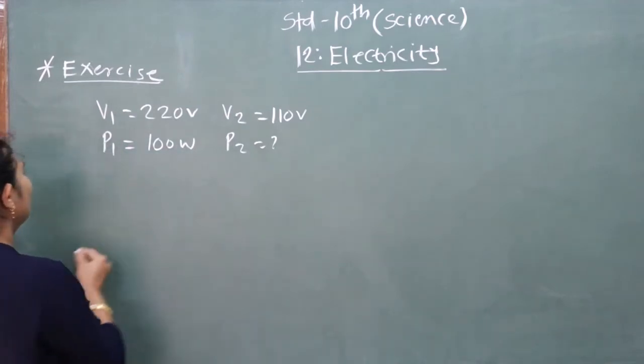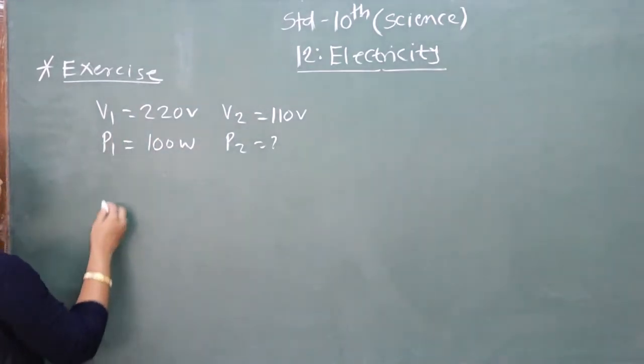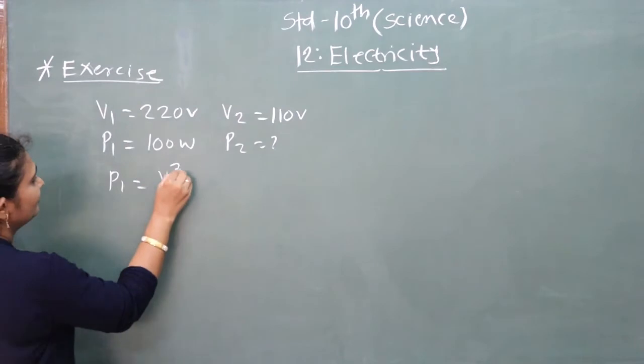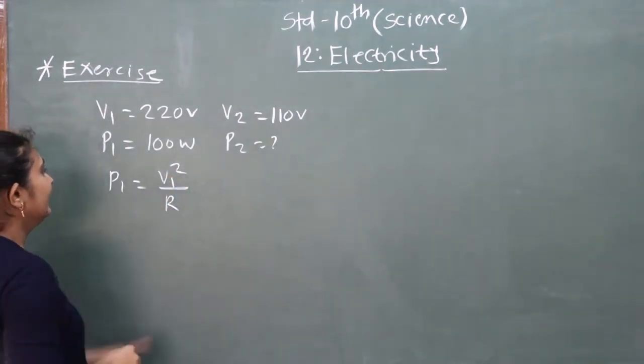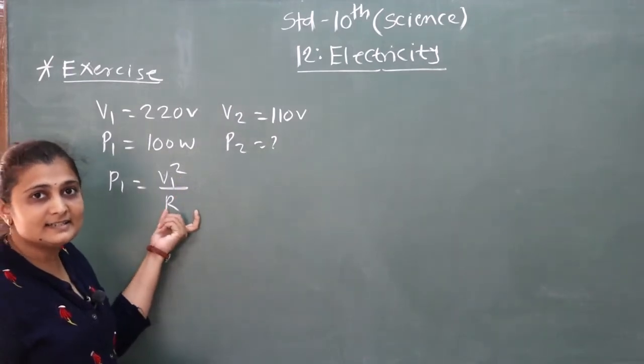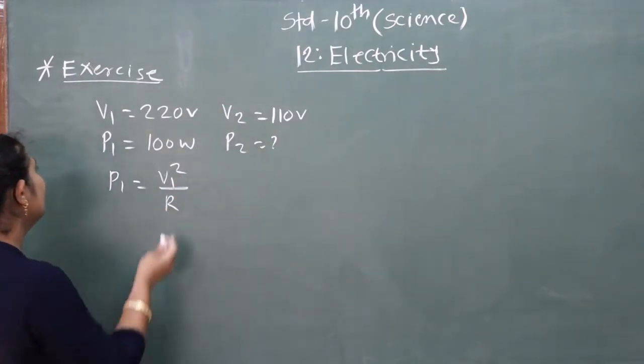So what is the formula of power in terms of V and R? P1 is equal to V square upon R. Here we write V1; R is the same for both the cases. Put values.